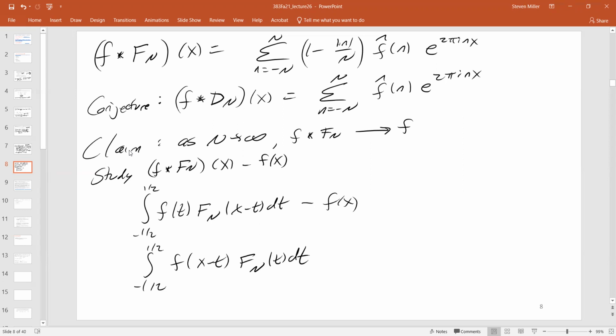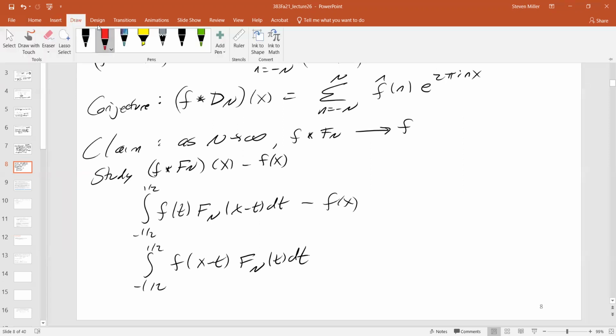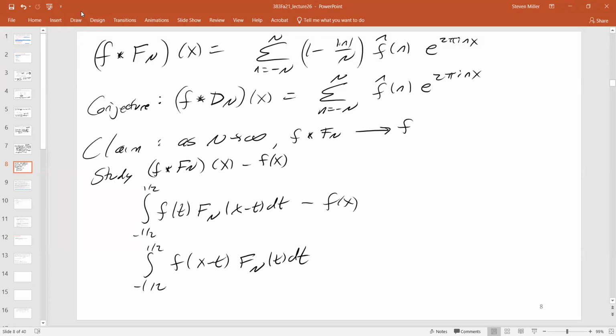Anybody see what I should do now? You can multiply f of x times the integral of fn of t, where 1 equals the integral from -1/2 to 1/2 of fn of t dt.